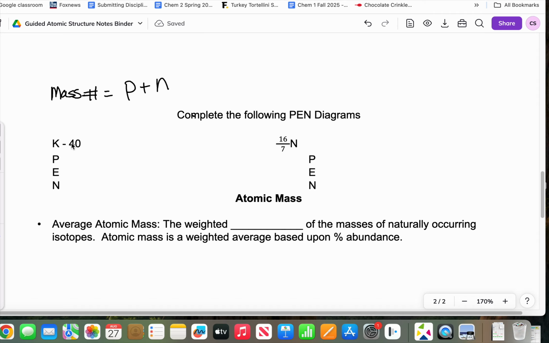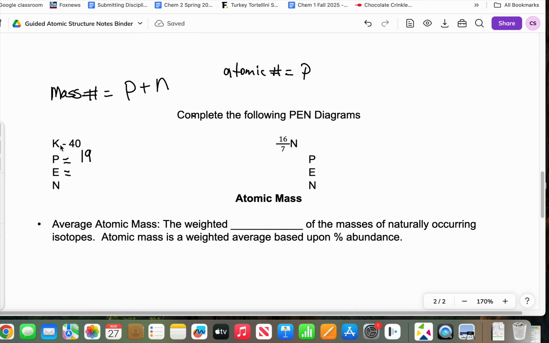So grab a periodic table and look at it. Now if you find the symbol K on the periodic table, you would see that that's number 19. And remember, the 19 is the atomic number, but that also equals protons. So that's another thing you got to remember. Atomic number equals protons. So that's why K is 19.